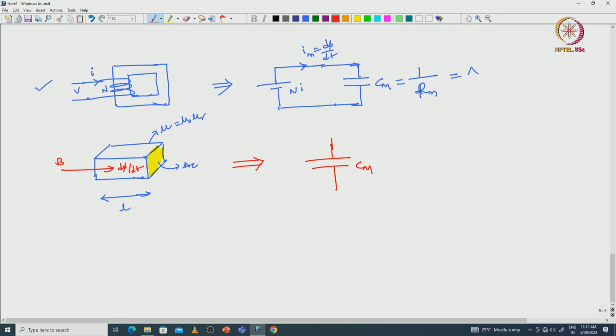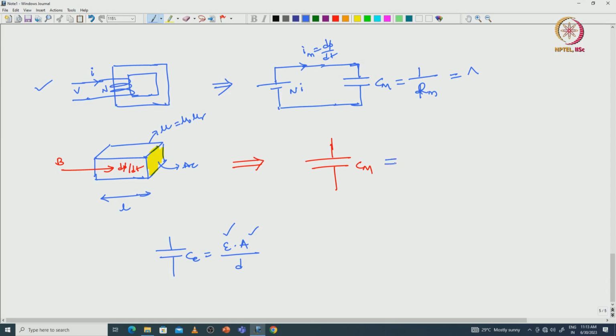In electrical circuits, the capacitance Ce is equal to what? In terms of permittivity, area of the plates and distance between the two plates, epsilon into A by D. Here epsilon is the permittivity of the material, A is the area of the plates and D is the distance between the two plates of the capacitor.